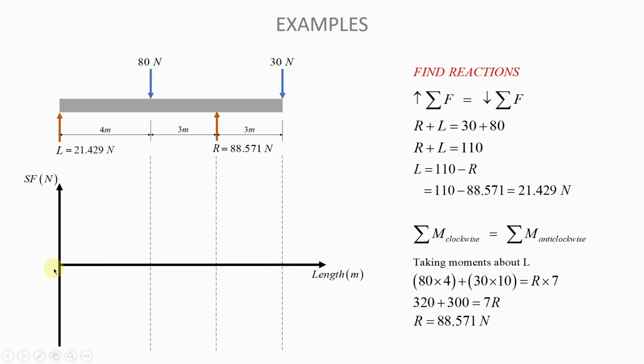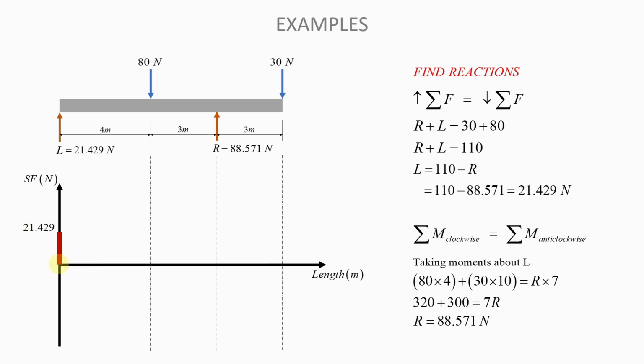So now we begin here at 0. Now if you look at this beam here and the loading case that you see here, you will see that at the beginning of the beam you have a vertical force shooting up with a magnitude of 21.429 newtons. So starting at 0 here, we will go up to 21.429.